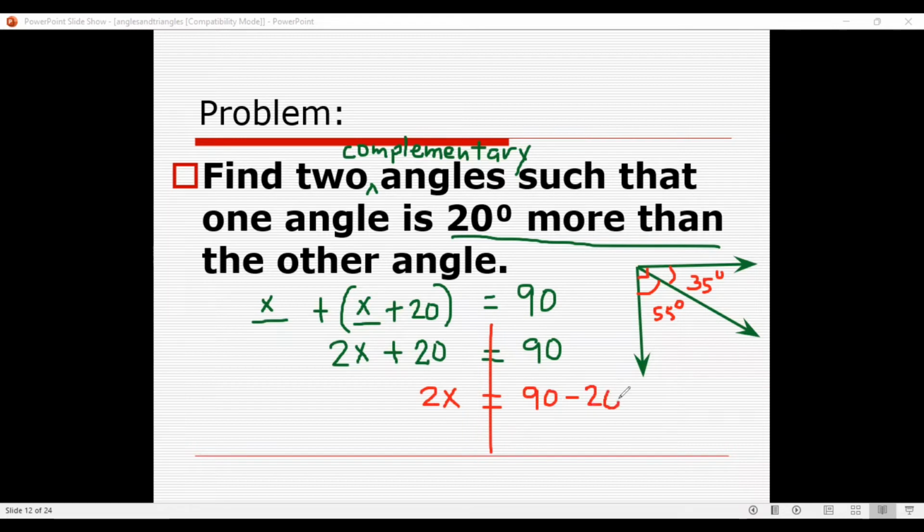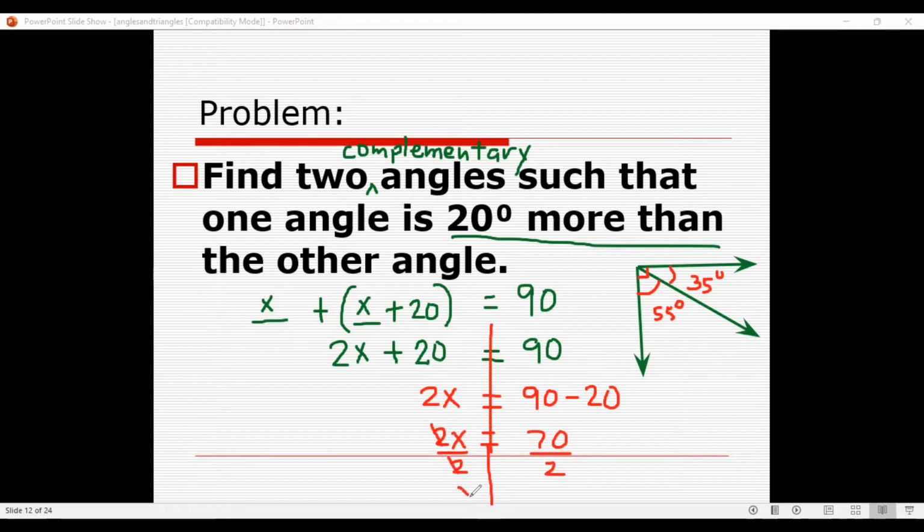Actually, this is still the same as your working backwards, the one that we did a while ago. So we have now 2x is equal to 90 minus 20. Of course, the answer there is equal to 70. And then divide both sides by 2. Okay, you divide the number by whatever the coefficient of x that you can see, and therefore 2 divided by 2 is equal to 1 already.